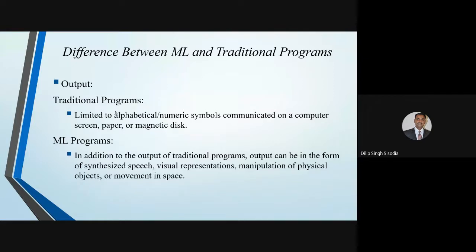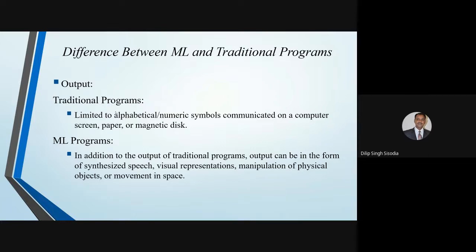In a traditional program, the output may be limited to alphabetic or alphanumerical, communicated to a computer screen, paper, or magnetic disk. But in ML programs, in addition to whatever output we get in a traditional program, it can be synthesized speech, visual representation, manipulation of physical objects, or movement in space.